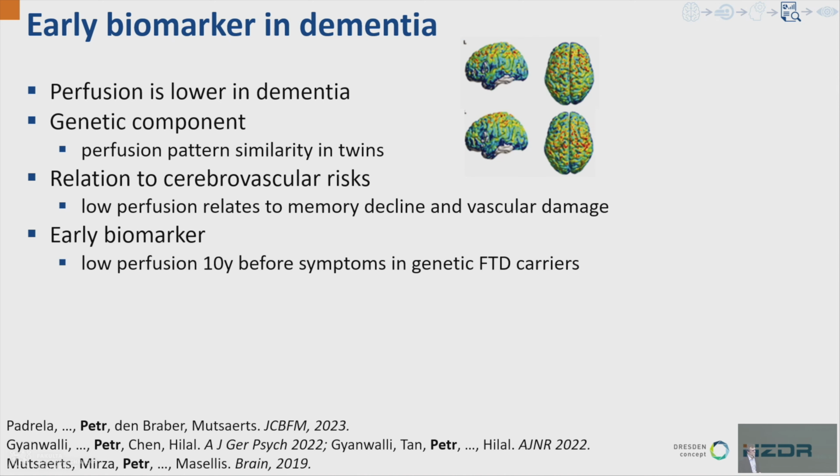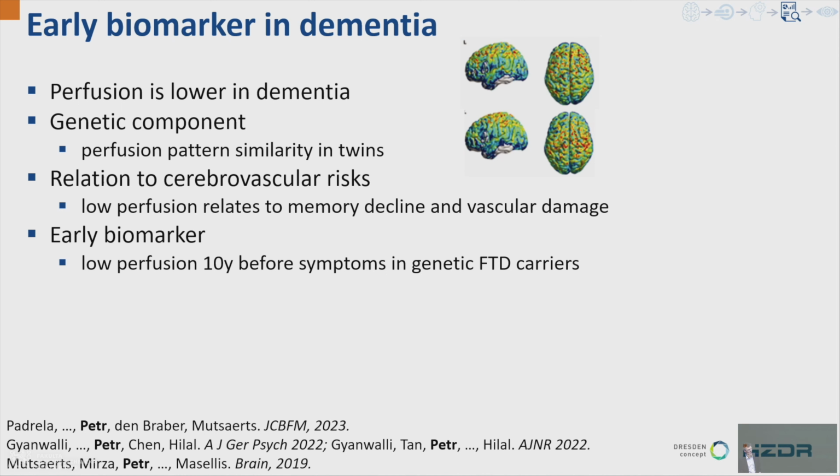Of course, we are not really too far with that, so the only thing we were able to show is that in subjects with genetic predisposition to develop frontotemporal dementia, the perfusion was lower than in their healthy relatives already 10 years before developing symptoms.